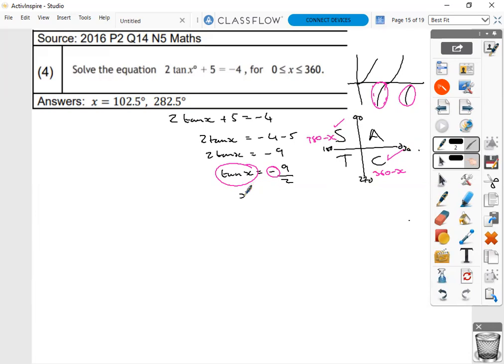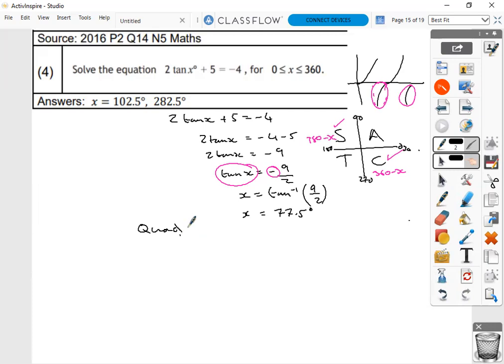Putting into our calculator, tan to negative 1 this time, positive number 9 over 2. Shift tan 9 divided by 2. x is equal to 77.5 degrees.